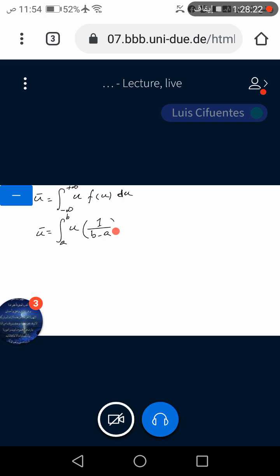Minus A. Only you have to solve this integral for the first part. Yeah, let's do it.